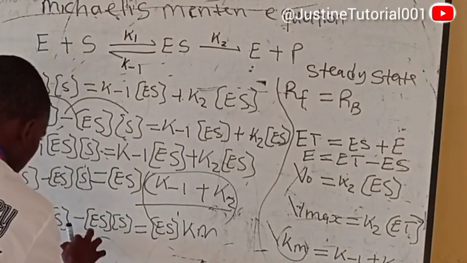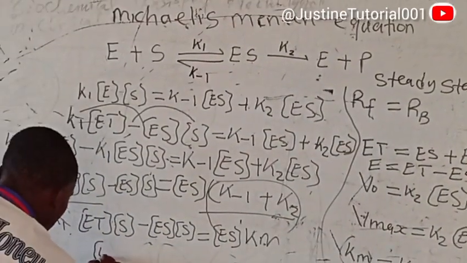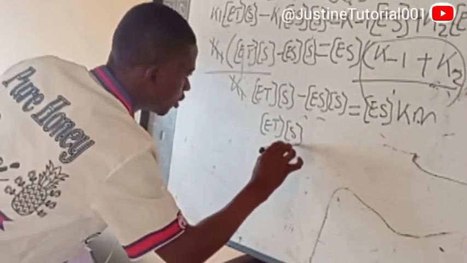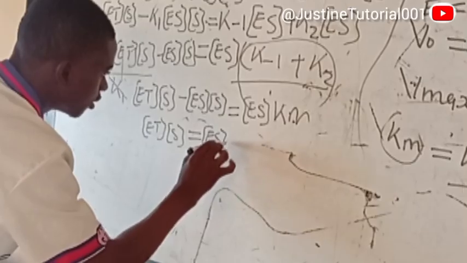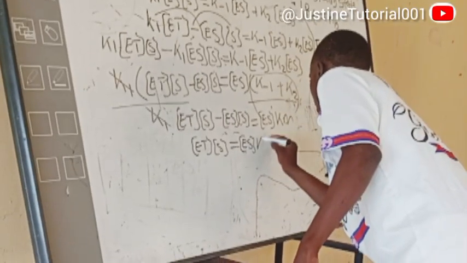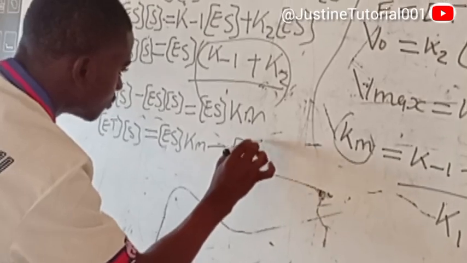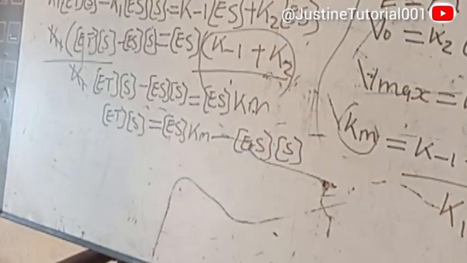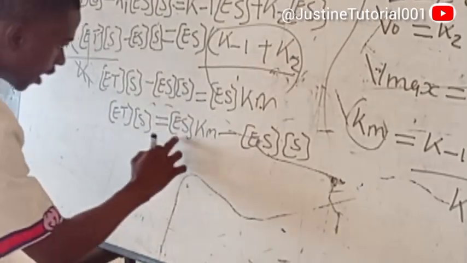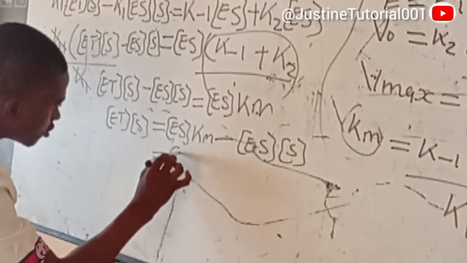So we take the enzyme-substrate and your substrate to this other side. So we are having enzyme total substrate equals enzyme-substrate complex Km plus enzyme-substrate complex substrate.